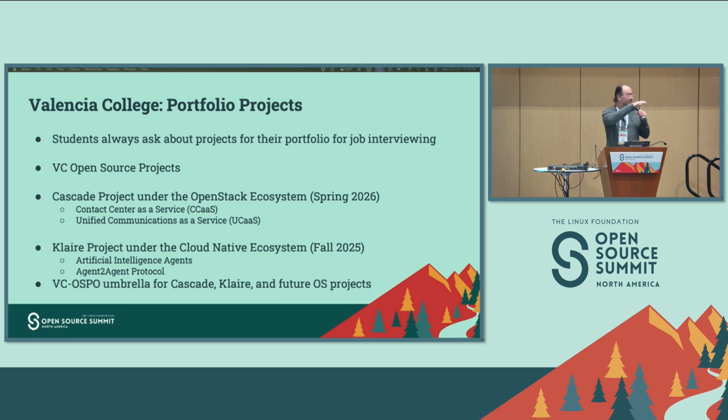Then I think it was Ray or Spark. I'm just borrowing this from the presentation from the other day, and then TensorFlow and PyTorch. So I'm working on that, to see if I get that approved, and that'll be another VC open source project.